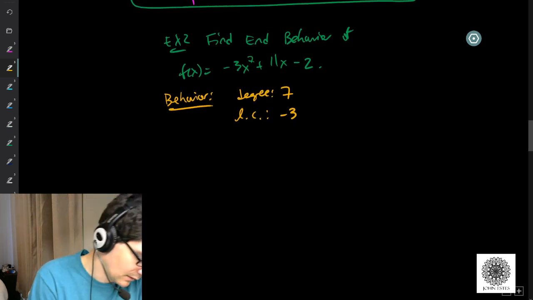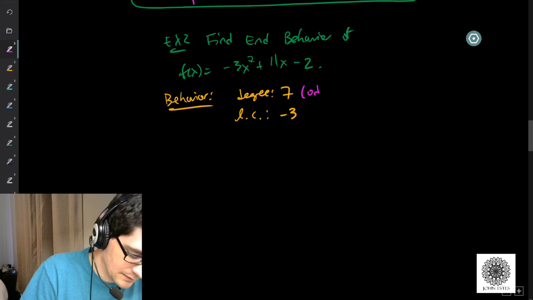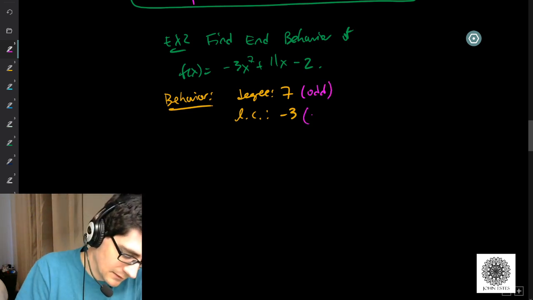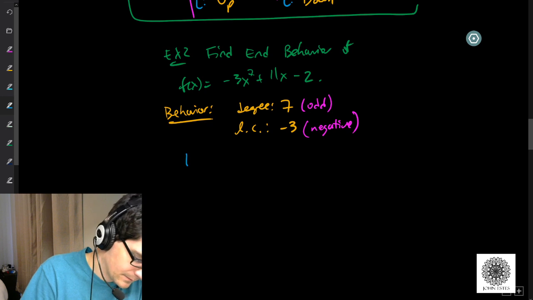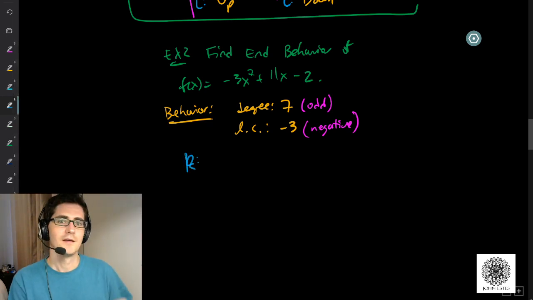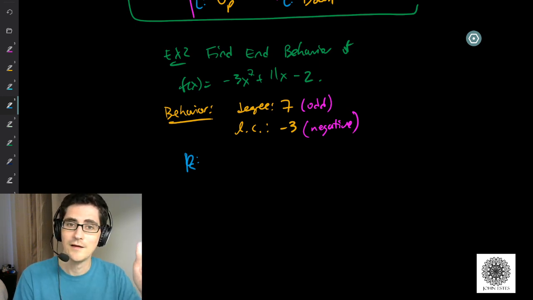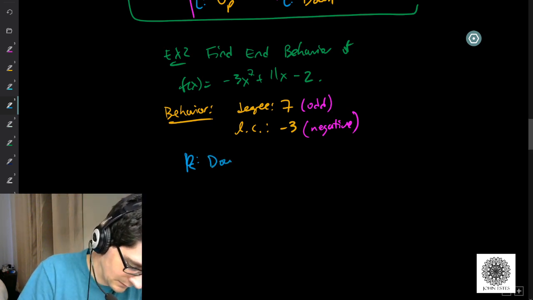That means the degree is odd and the leading coefficient is negative. I know exactly what's going on then. On the right, since I have a negative leading coefficient, instead of going up, I'm going to go down.